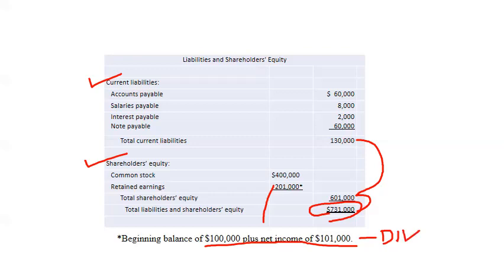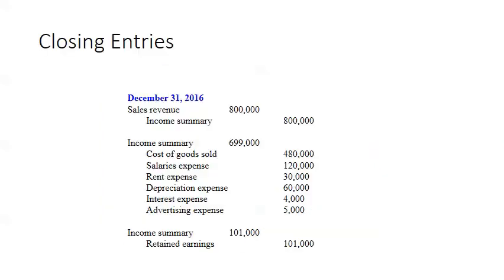The final thing we had to do was the closing entries. What we do is we close out all of our so-called temporary accounts. The temporary accounts are all of our income statement accounts, which will be revenues, gains, losses, and expenses.